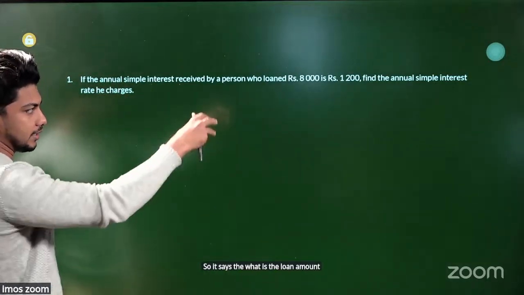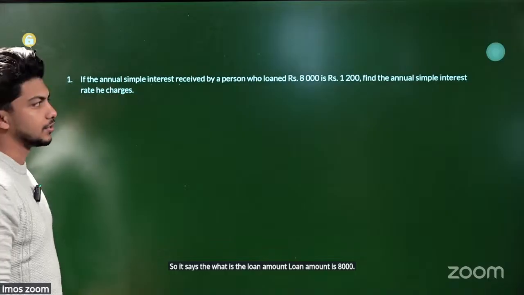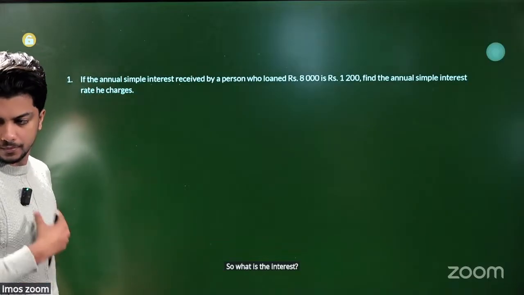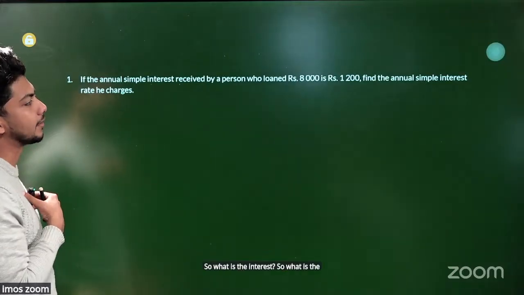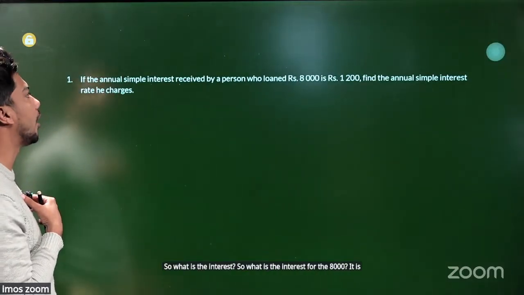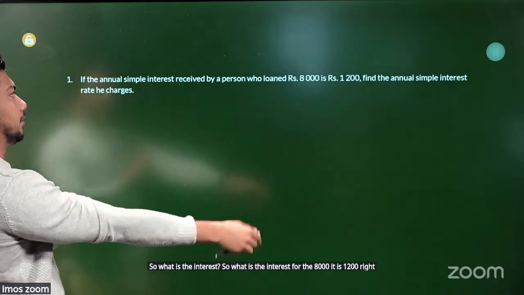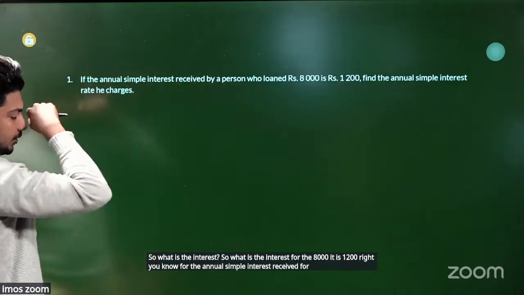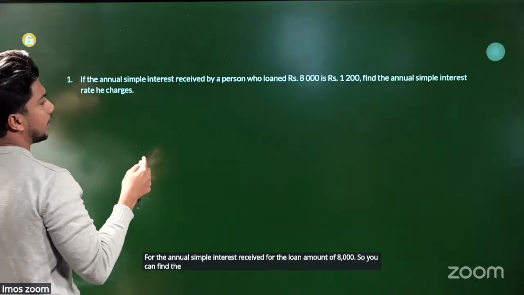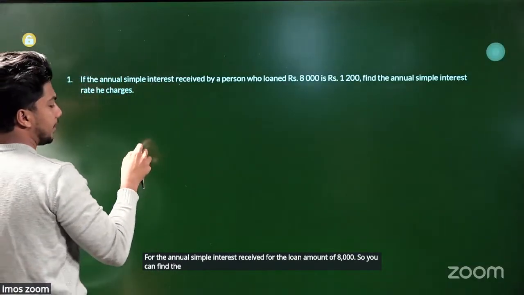Loan amount is 8,000. So what is the interest for the 8,000? It is 1,200, the annual simple interest received for the loan amount of 8,000. So you can find the annual simple interest rate.